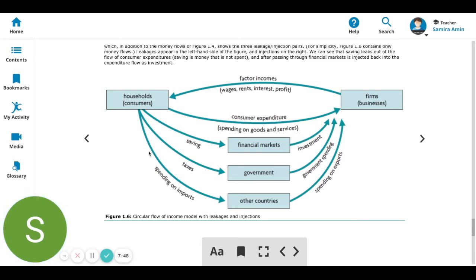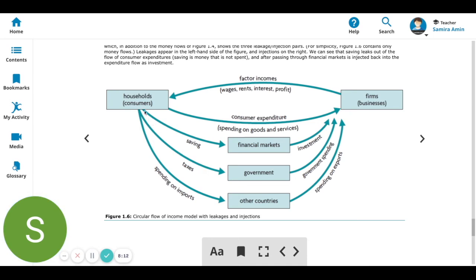Okay. Next, the government is another agent. Now, governments, to provide any kinds of services, to provide things like defense, for instance, or maybe they want to provide railway services or hospitals or schools or whatever, they need money, which they collect as taxes.